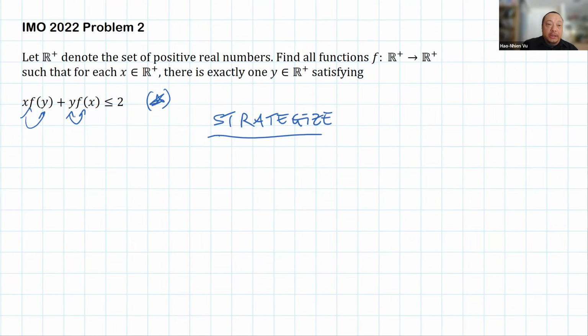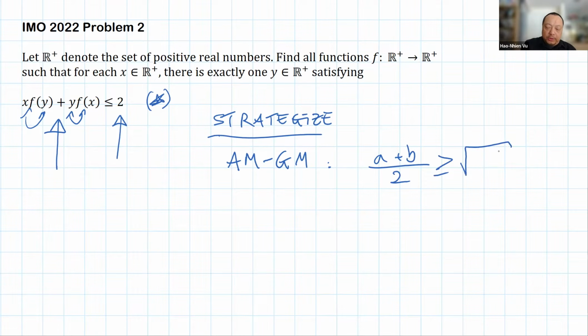An inequality like this, especially with a plus sign right here and the number 2 right there, calls for the AM-GM inequality. The AM-GM inequality says the arithmetic mean is always greater than or equal to the geometric mean: (a + b)/2 is always greater than or equal to the square root of ab.